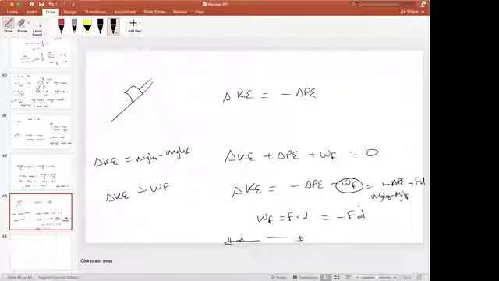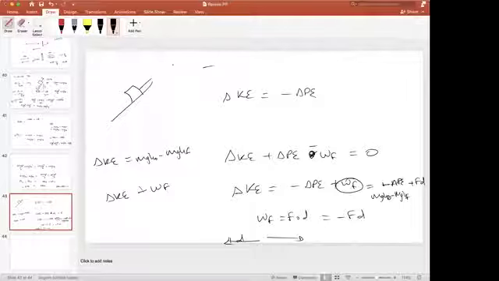So this would be positive mgh initial minus mgh final. And so this actually would be negative, but this guy would be negative too. So really what you get is, yeah, that sign's wrong. That sign should be positive. This should be negative here.